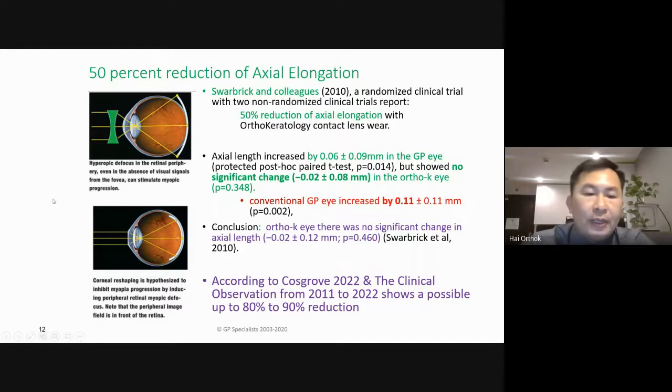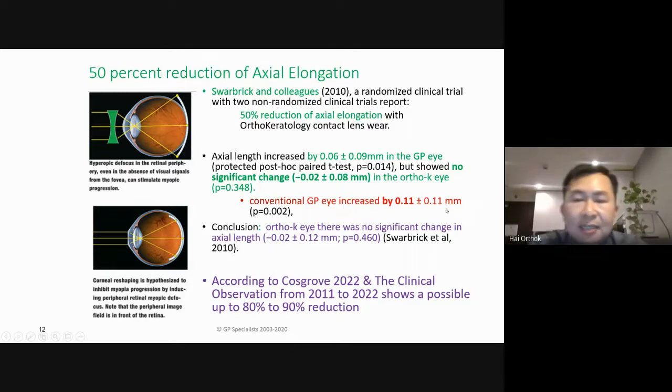When we use Ortho-K, it helps the light focus correctly on the central and peripheral retina. Because of that, Ortho-K eyes after 2 years of wearing had axial elongation of 0.29 plus or minus 0.12 millimeter. Meanwhile, the conventional GP lens increased the axial elongation by 0.51 plus or minus 0.11 millimeter.